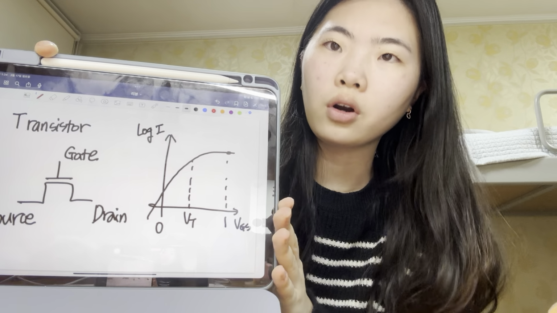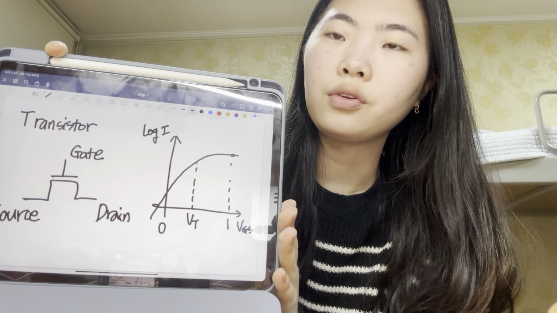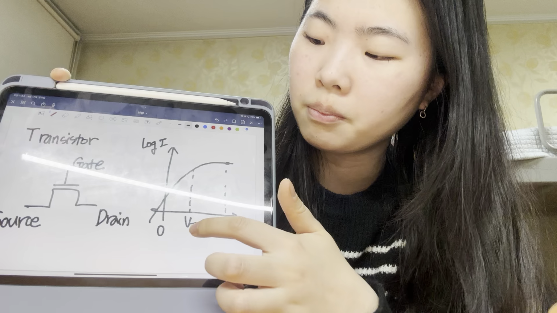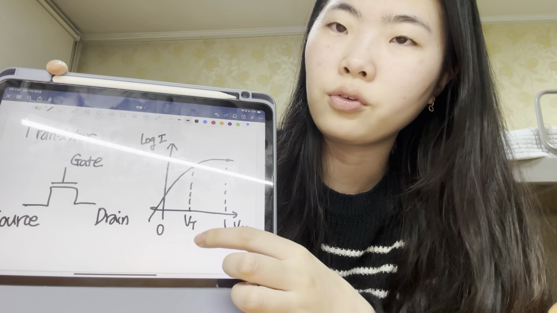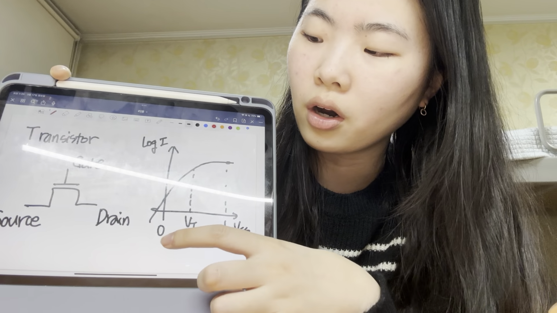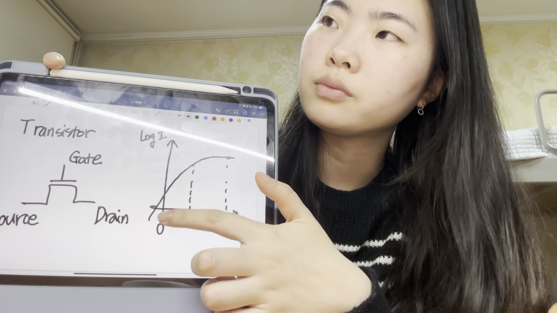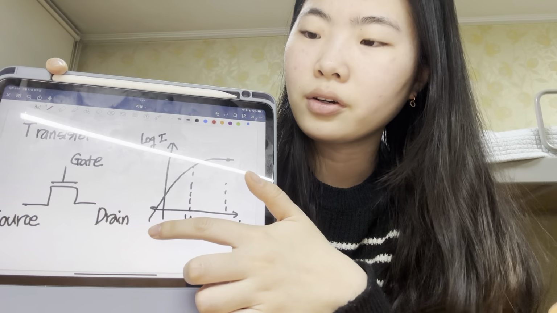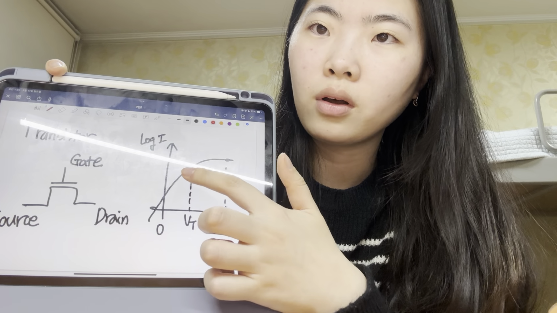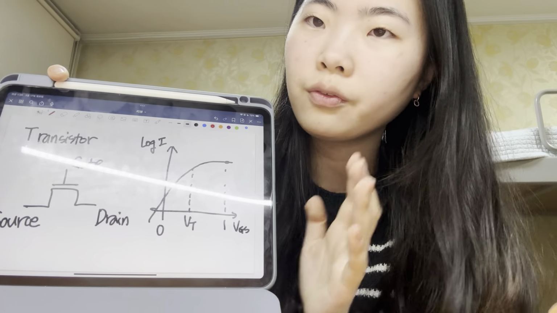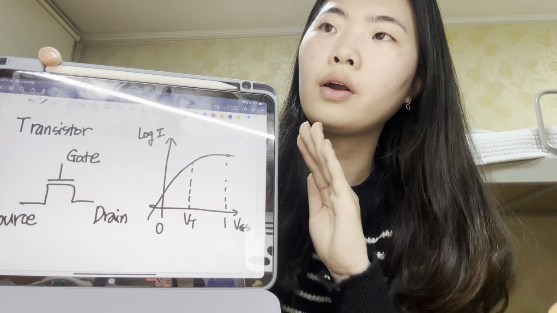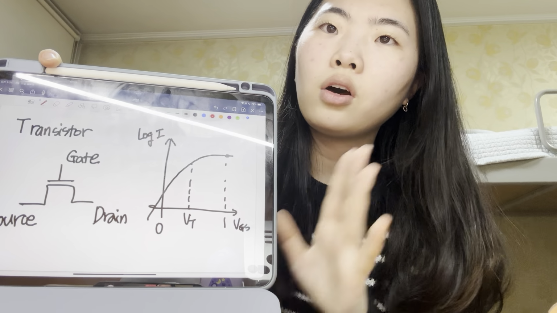This is the current curve of the transistor. Before the VT, which is the threshold voltage, the current goes up very slowly until the VT. After the VT, the current flows like an on state.